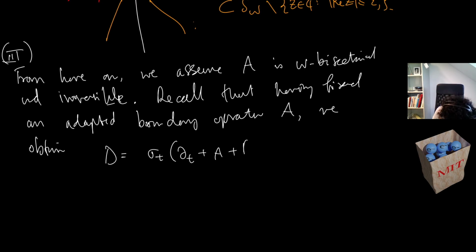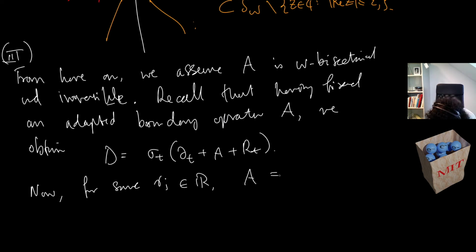So now for some Rj in R, we have A minus Rj is omega j bisectorial and invertible.